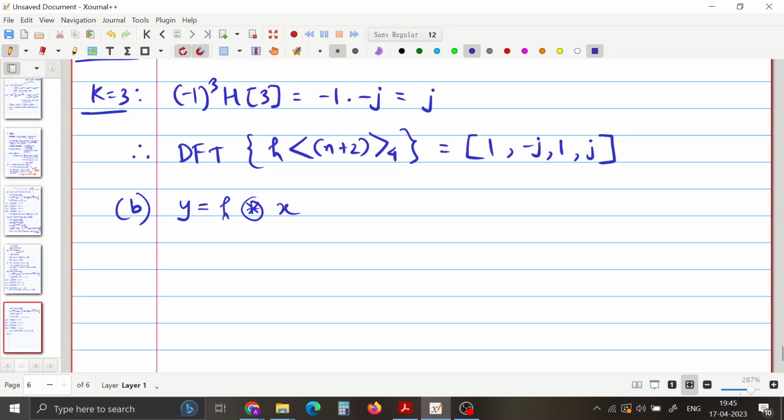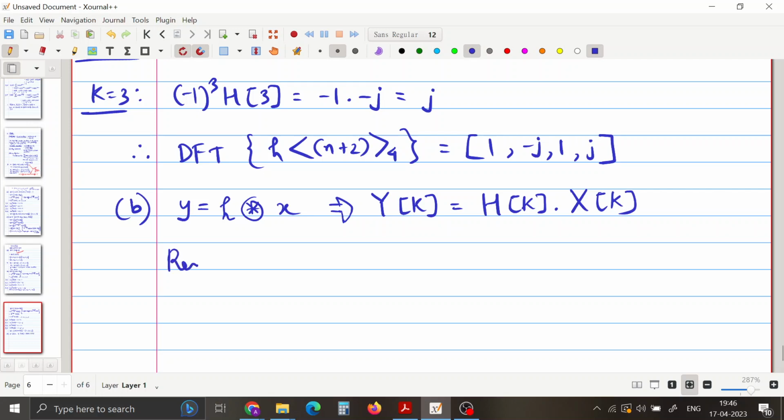This is the circular convolution, right? So this implies capital Y of k is capital H of k times capital X of k. Simple multiplication.